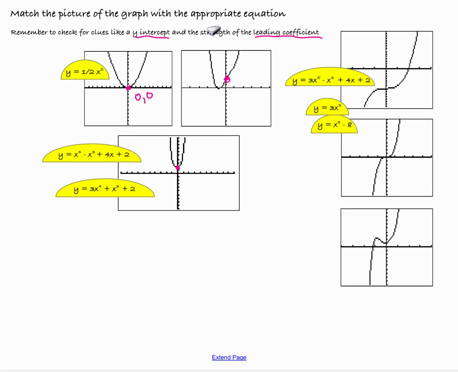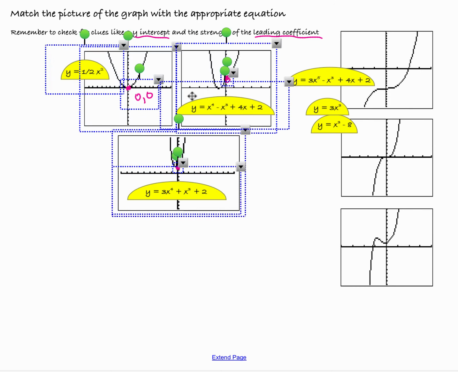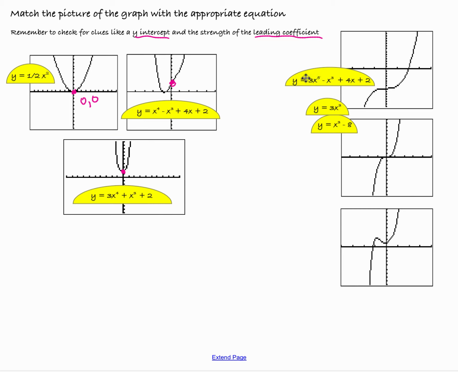So looking between these two graphs right here, who is tall and skinny? This one. So this has a leading coefficient of 3. And then that leaves that last matching. Now you may be saying, well, why can't we do this on a calculator and just match it up? Well, you can, but come on, you can figure it out just by looking at it.